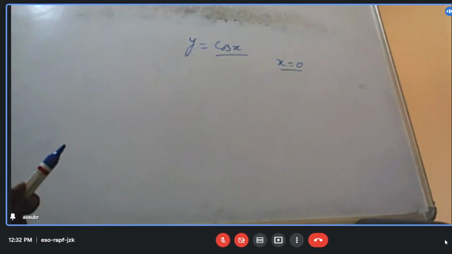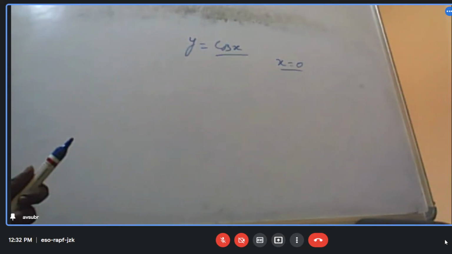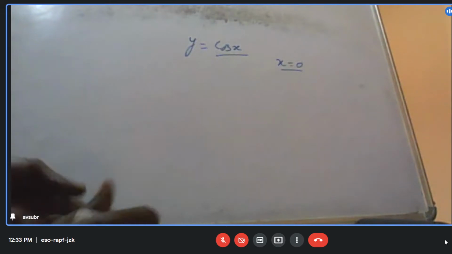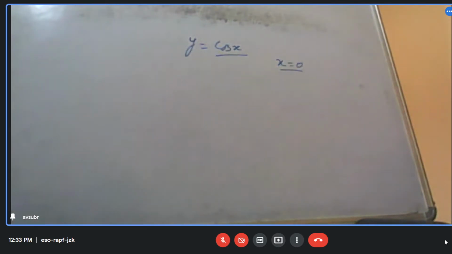And all other values of x we do not know, but we are ambitious that we want to find out the value of cos x. It is like this, that I am having only 1 rupee in my pocket and I want to buy as many things as possible. That is my ambition.